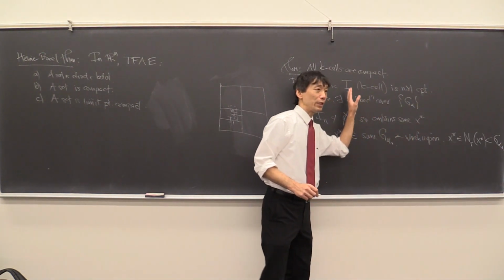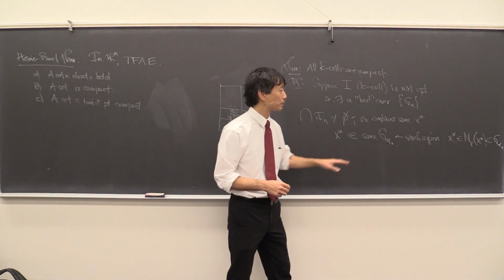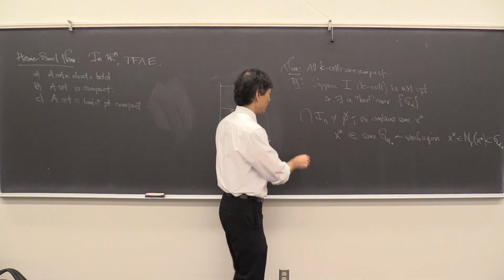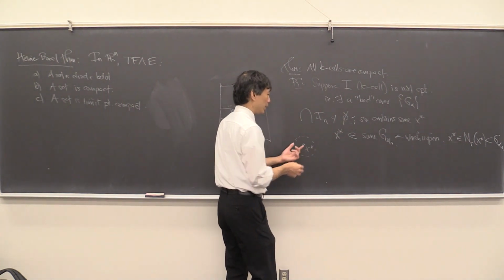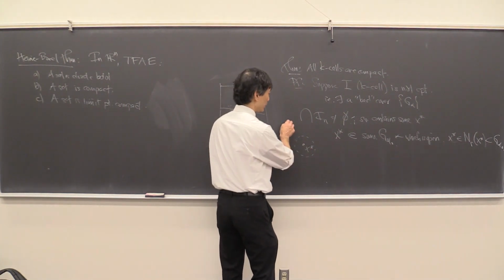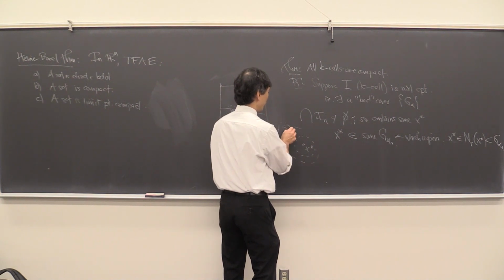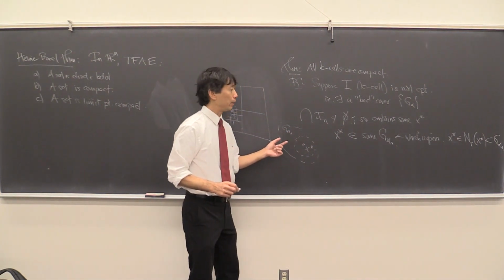We're just sketching over the proof we did at the end last time. So we know that this x star has a definite radius around it that's contained inside of the G_alpha.